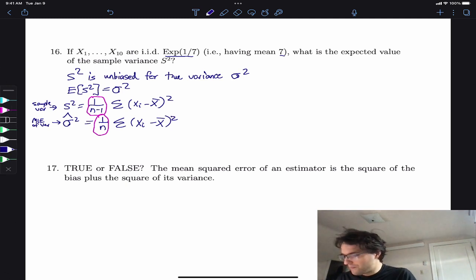Regardless, in this case the expected value of the sample variance is just equal to the true variance.